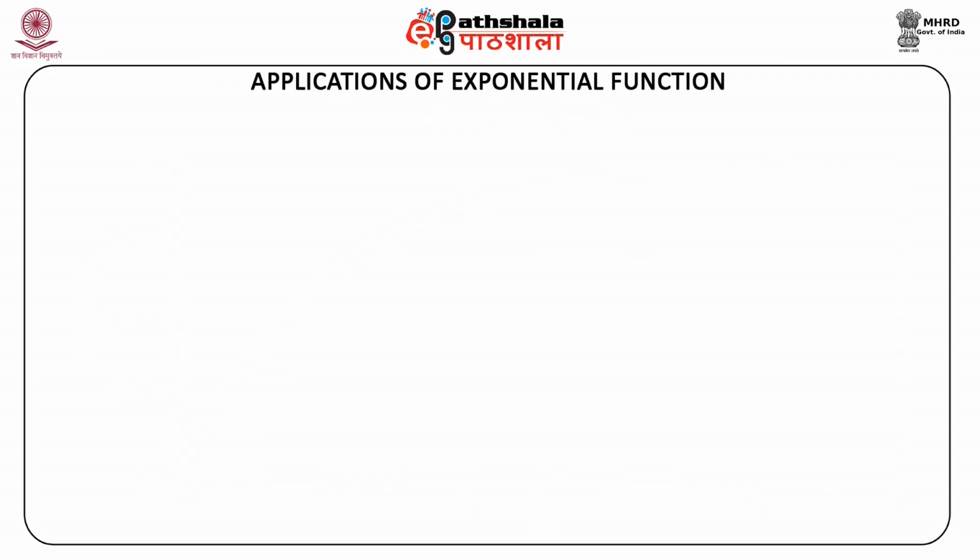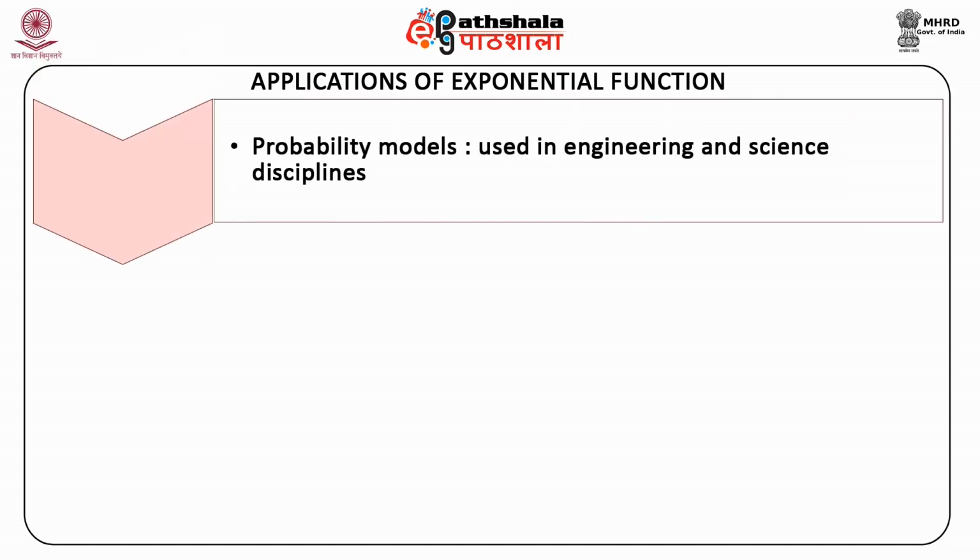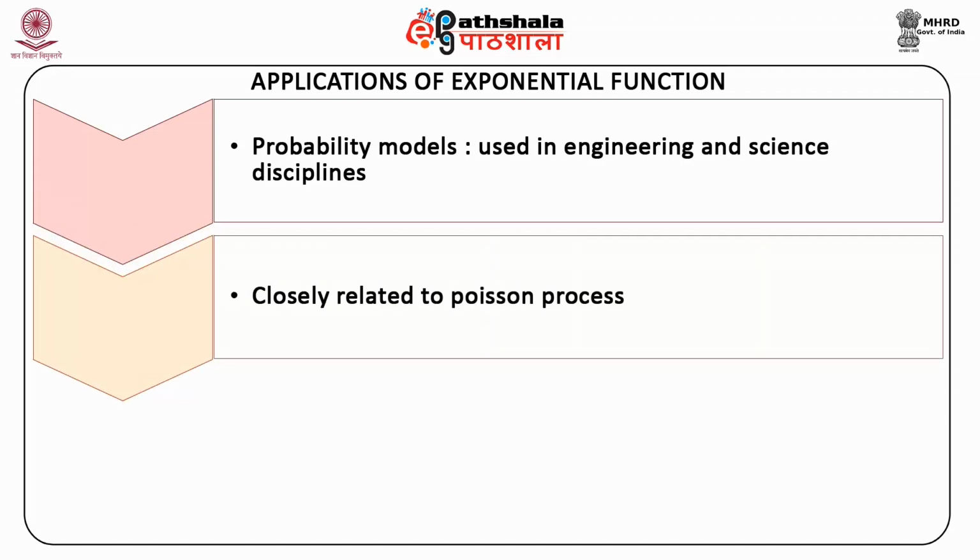Let us now understand the application of exponential distribution. First, the family of exponential distributions provides probability models that are very widely used in engineering and science disciplines. Second, the exponential distribution is closely related to the Poisson process and is frequently used as a model for the distribution of times between the occurrence of successive events.